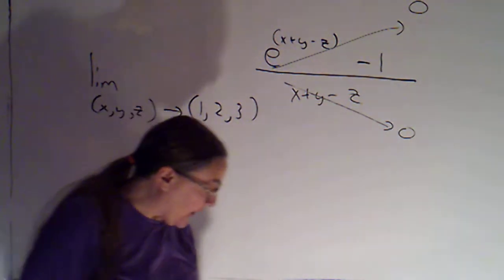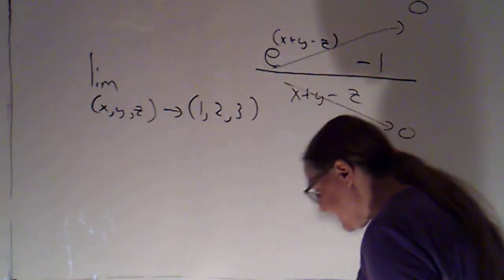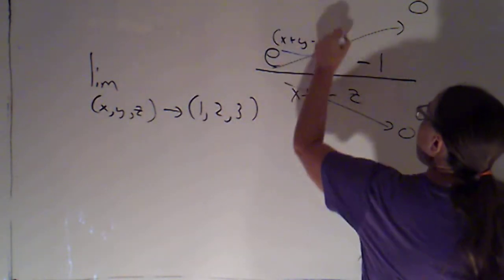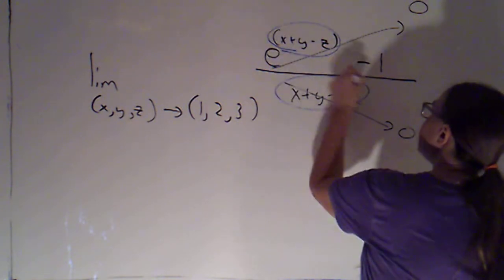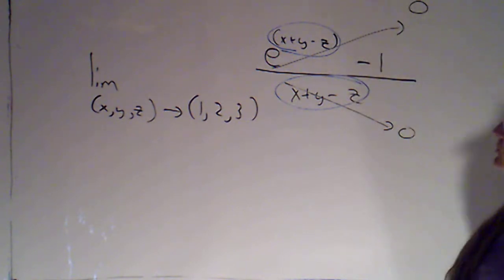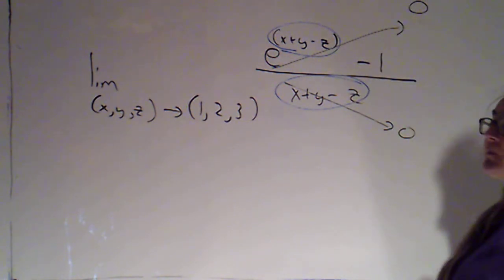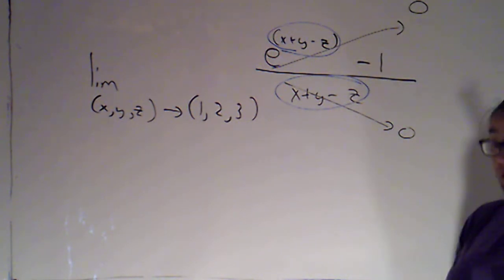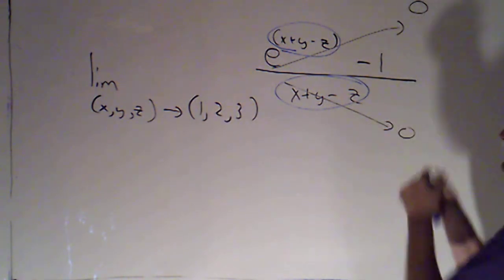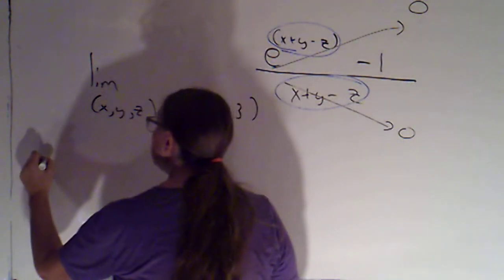What I do see is that it's the same problematic expression, x plus y minus z, that shows up in both the numerator and the denominator. So what I can do is I can make a substitution. That problem piece, I'm just going to call that u.